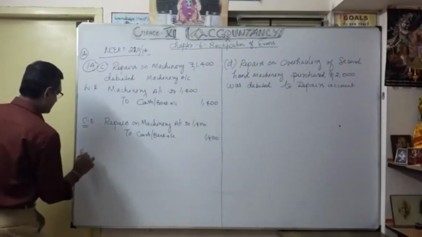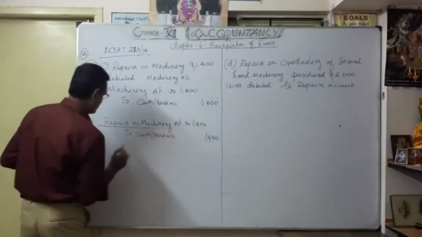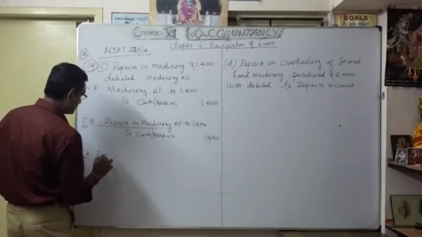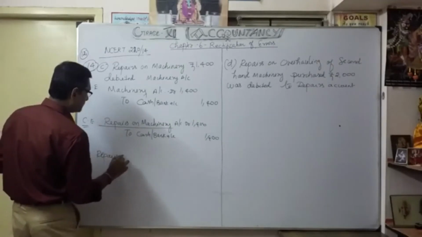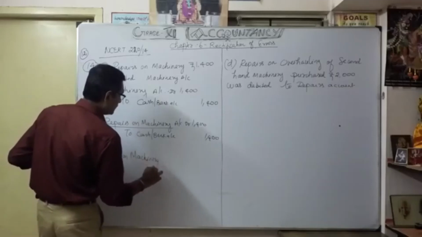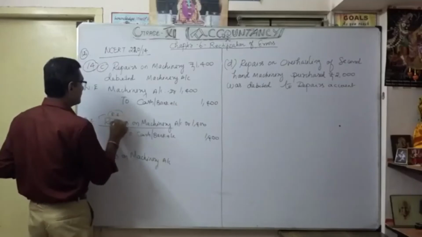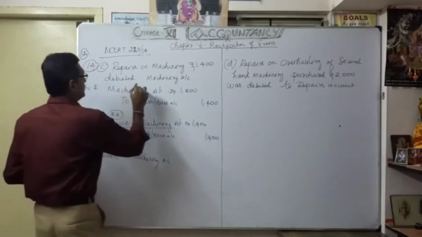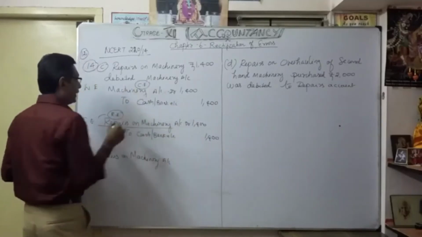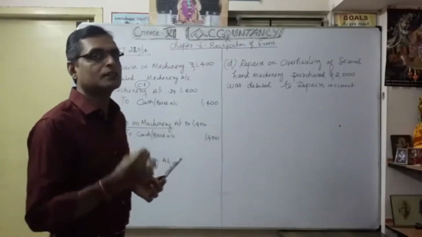So now see the rectification entry. I am going to write repairs on machinery account, because it is considered revenue expenditure. They treated it as capital expenditure, but as repairs, we should treat it as revenue expenditure, not capital expenditure.